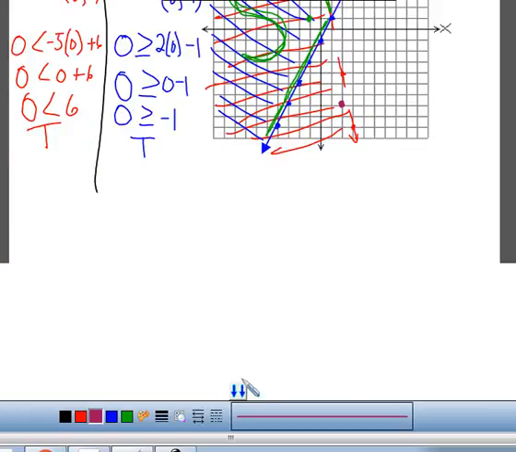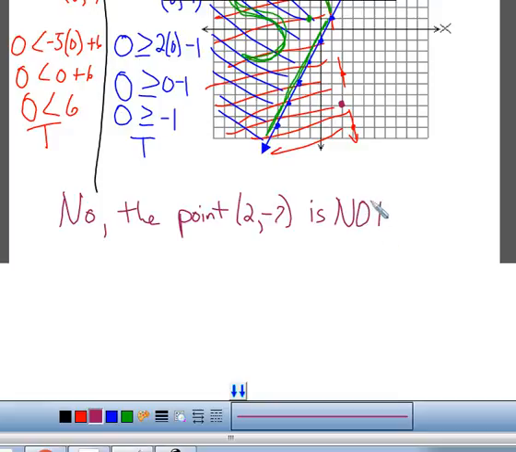So what we're going to write is, no, the point (2, negative 7) is not a solution for the system of inequalities.